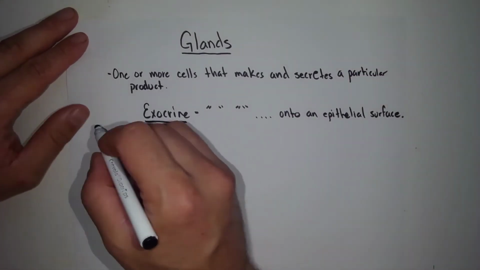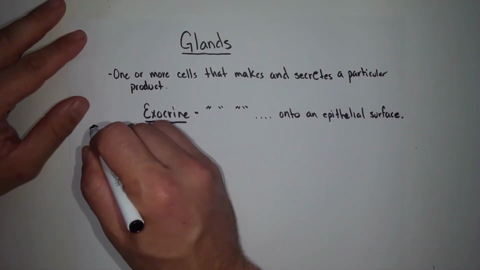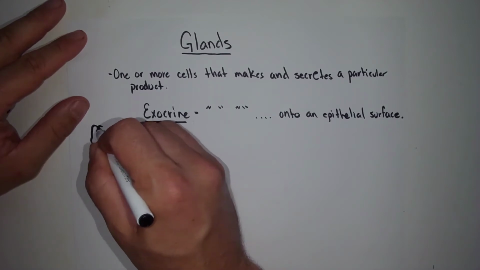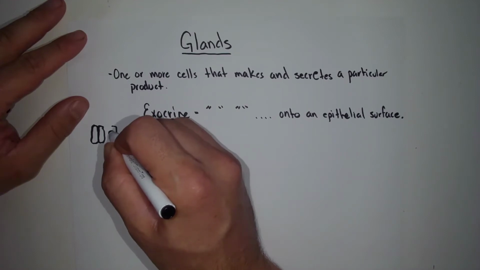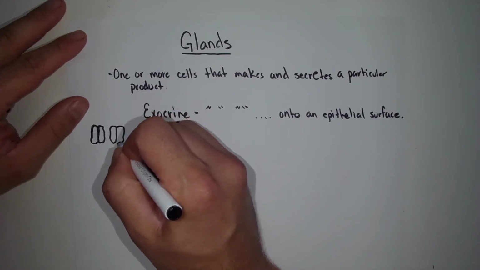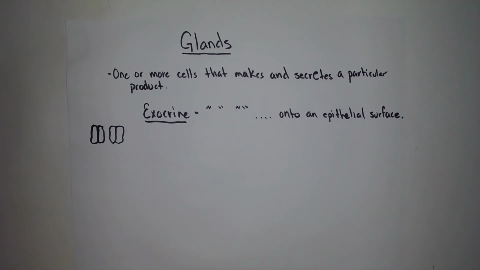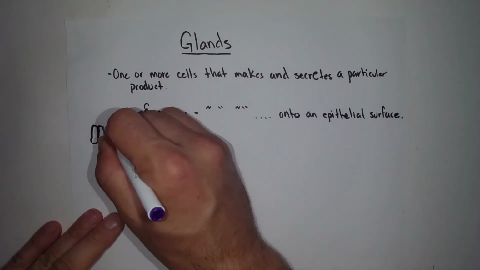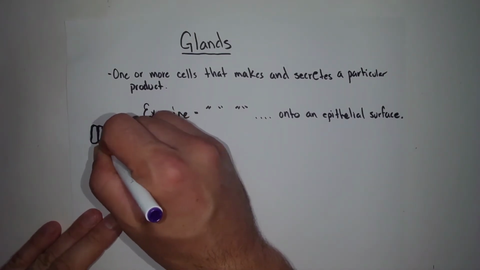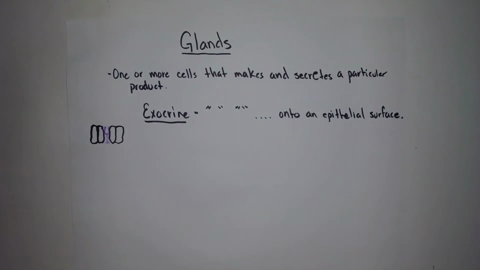And a good example of this would be the mucosa and goblet cells. Goblet cells are cells that are kind of shaped like a goblet or a wine glass.